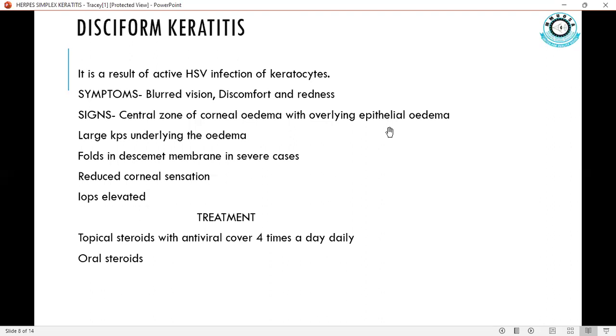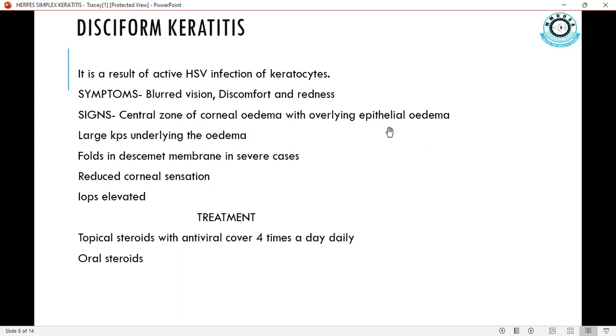You'll also be able to see large KPs underlying the edema, and then there'll be folds in the Descemet's membrane. The sensation of the cornea will be reduced, and if you check the IOP of the patient, you'll find that probably it's elevated.